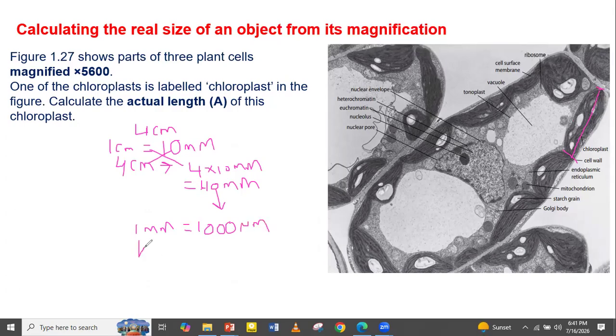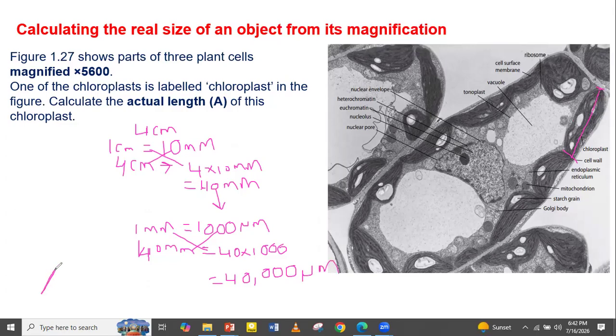How about the 40 millimeters that I've measured? Just do the math. That is going to be 40 times 1,000. That means the size of that chloroplast is 40,000 micrometers.